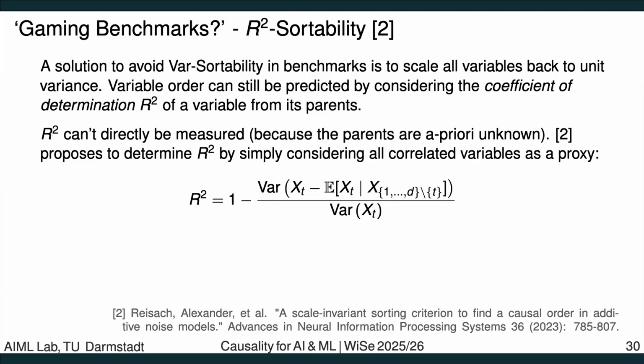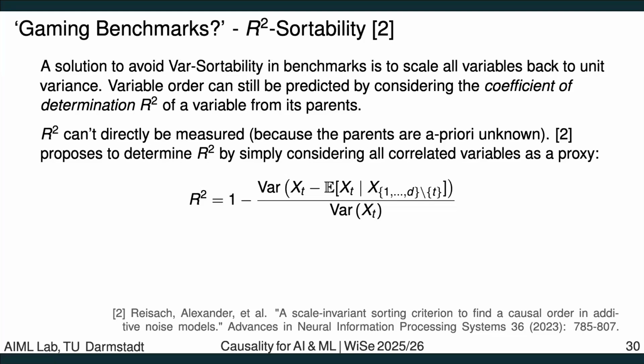Still, you can find a total ordering by looking at the coefficient of determination, which basically tells us how much the values of my parents tell me about the value of my variable. Because I have all the parents, which is some weighted sum, plus my noise term.